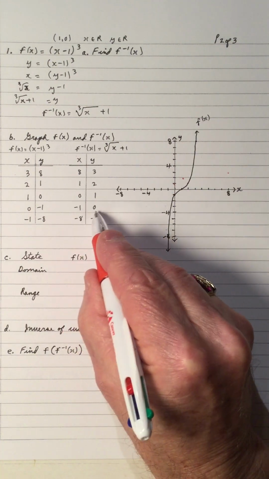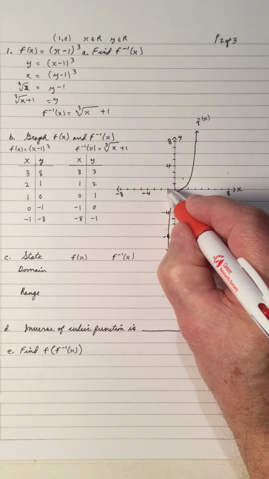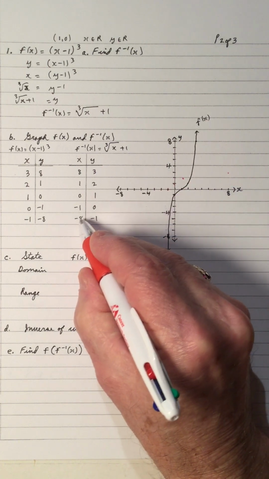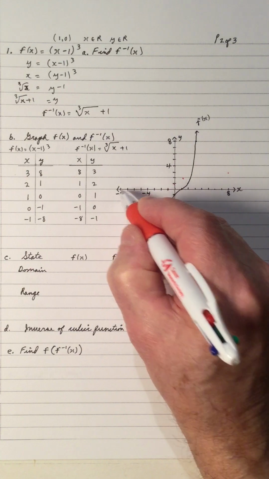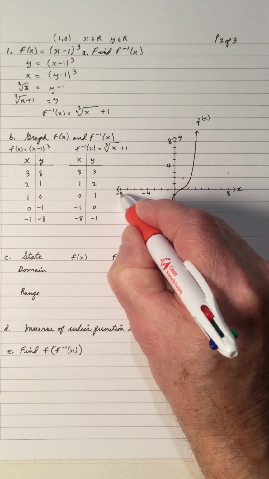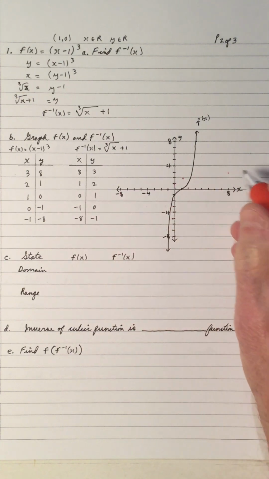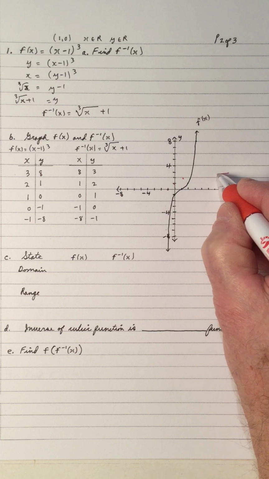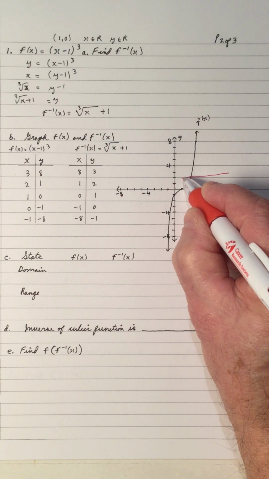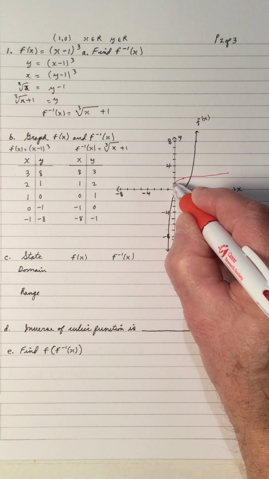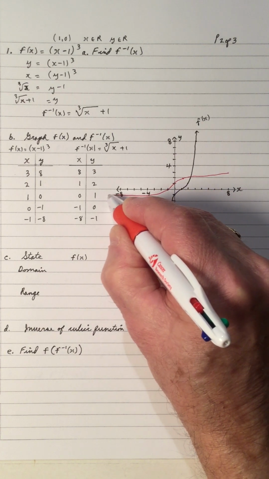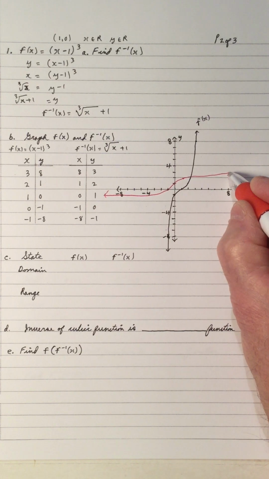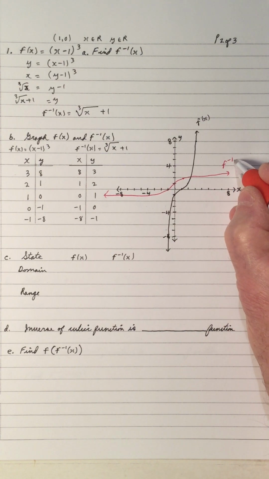When x is negative 1, y is 0. When x is negative 8, y is negative 1. So the reflection comes in and it's bending, and there it is. So f to the negative 1 is its inverse.